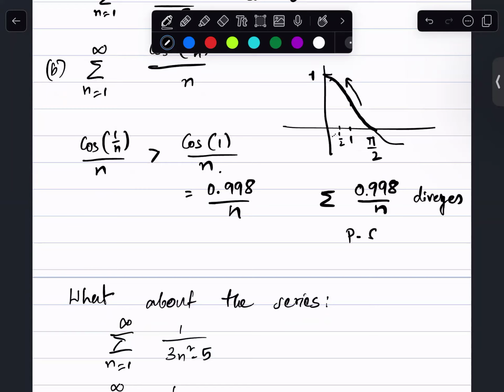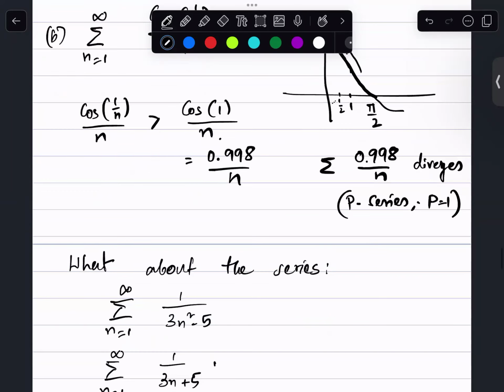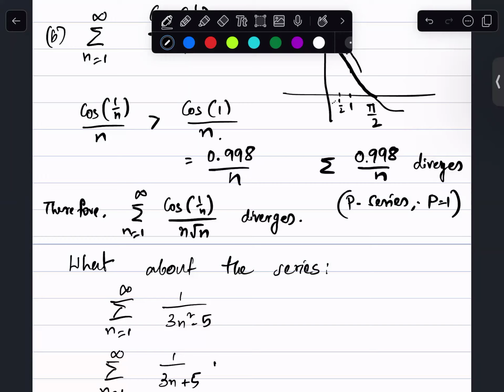Again, P series, P being 1. So by direct comparison test, summation cosine 1 over n over n square root n diverges, with n from 1 to infinity.